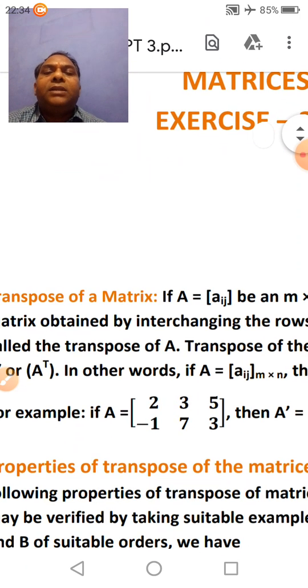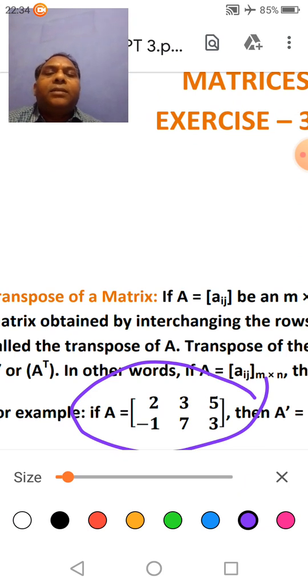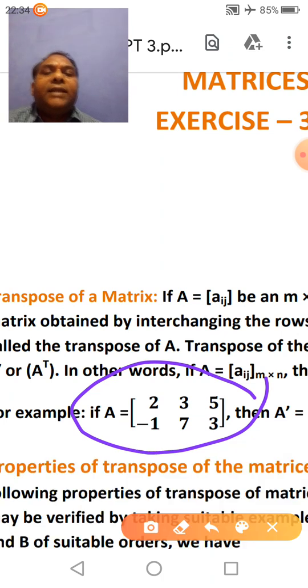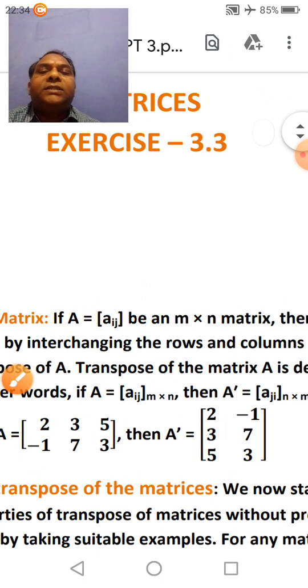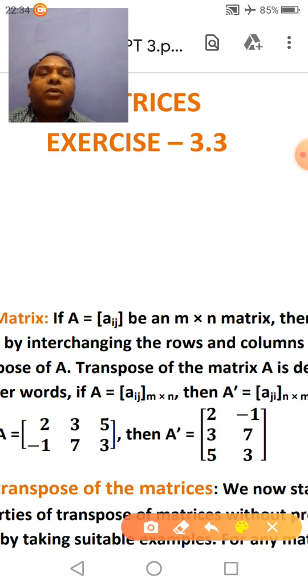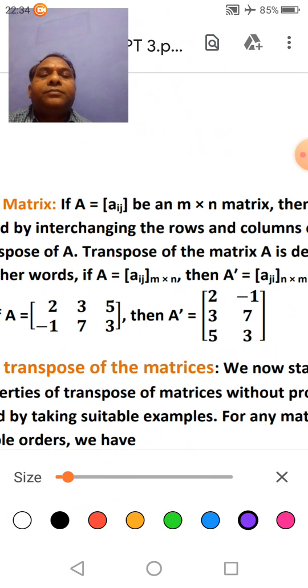For example, matrix A is given. Matrix A is row wise 2, 3, 5, -1, 7, 3. Then to find A dash, you have to change rows into columns or columns into rows. See here, its first row is 2, 3, 5.